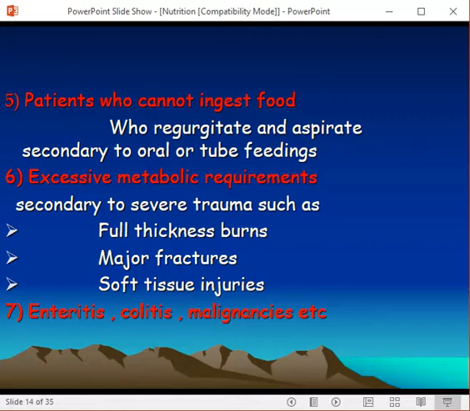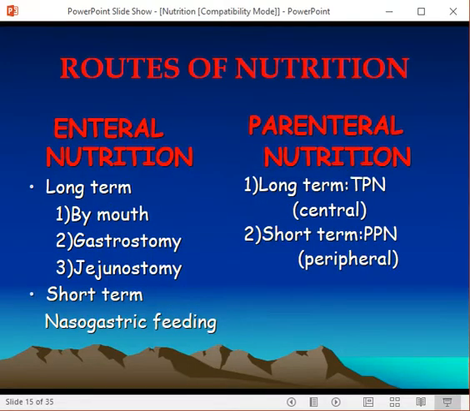Excessive metabolic requirements secondary to severe trauma, such as full thickness burns, major fractures, soft tissue injuries, and then the patients with enteritis, colitis, and carcinoma, these are the other indications for nutritional support.